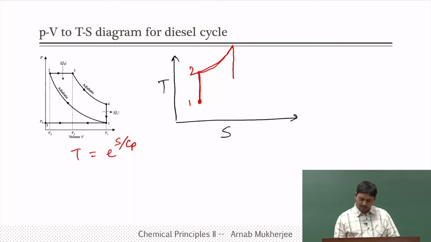And then there will be a line like this, 1 2. So, this is again straight down.